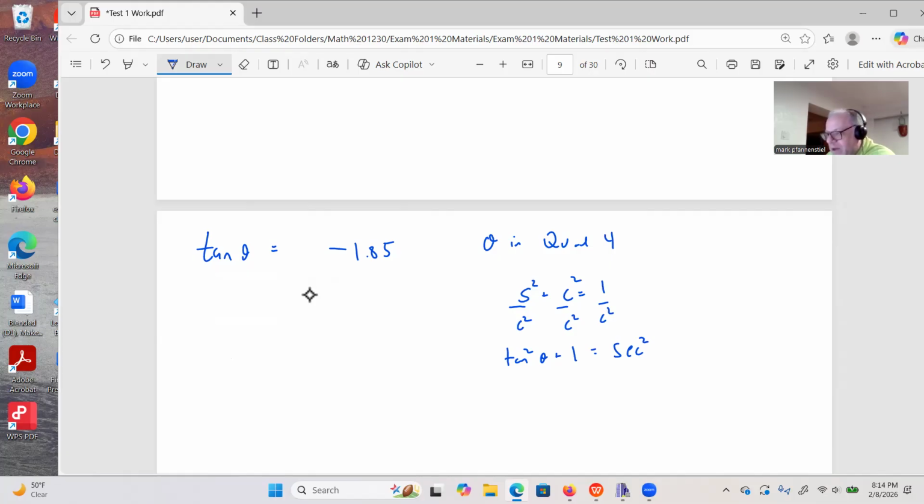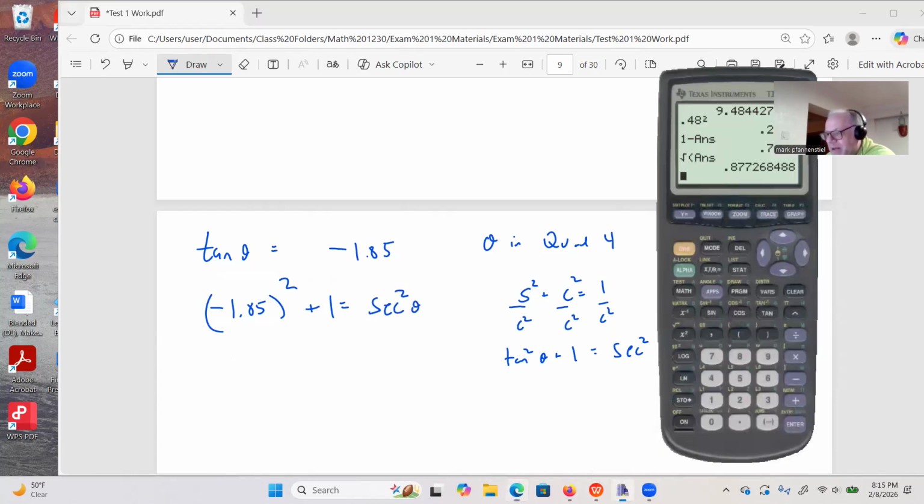So what is my tangent squared? We could add 1 to it. So let's go ahead and do that. Negative 1.85 squared plus 1, and we know that that's equal to secant squared. So we can figure it out that way. We have negative 1.85, and we're going to square it.